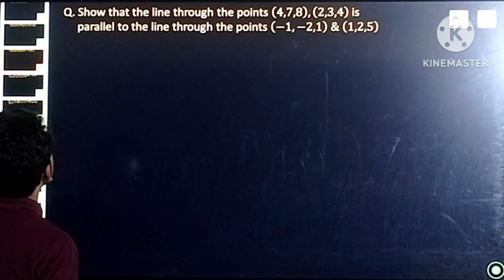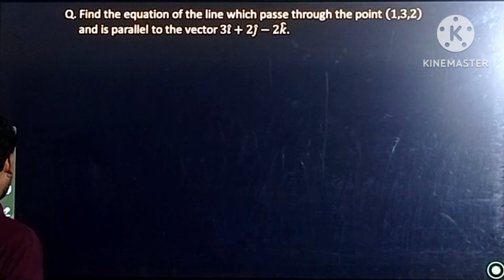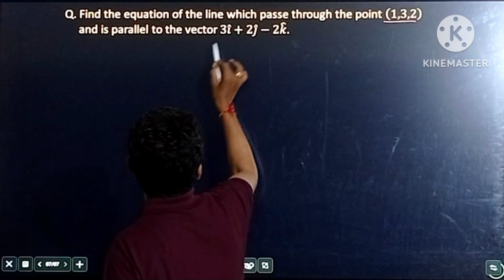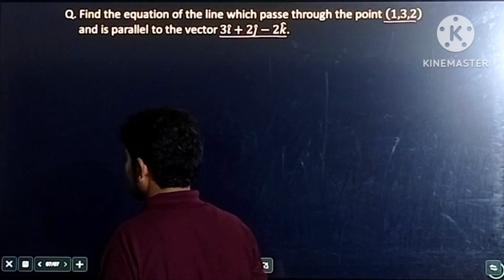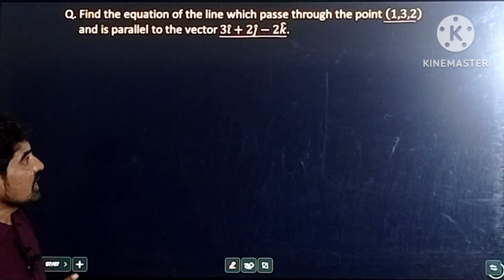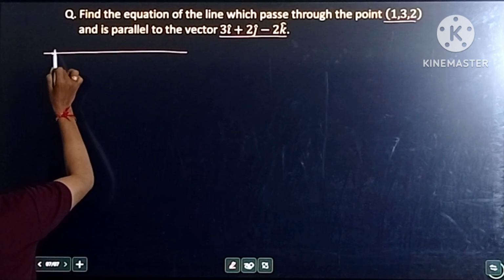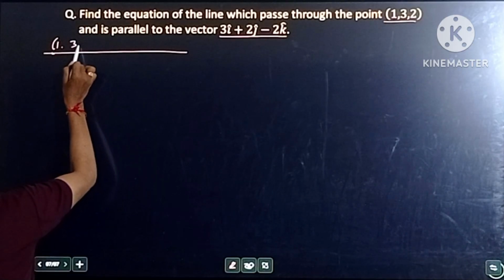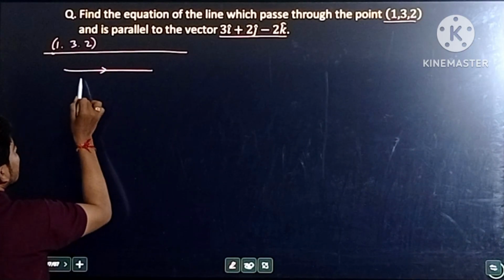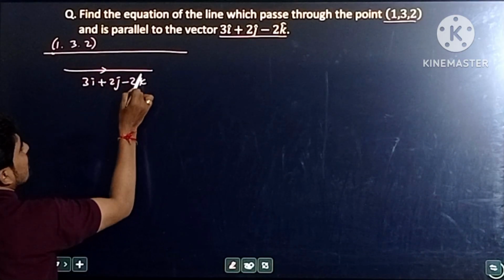And the next question is, find the equation of the line that passes through the point (1, 3, 2) and is parallel to the vector 3i plus 2j minus 2k. So observe here, we need to identify the equation of the line which passes through the point (1, 3, 2) and is parallel to the vector 3i plus 2j minus 2k.